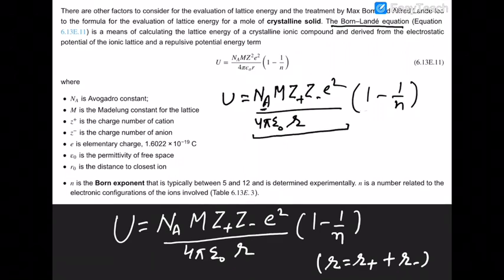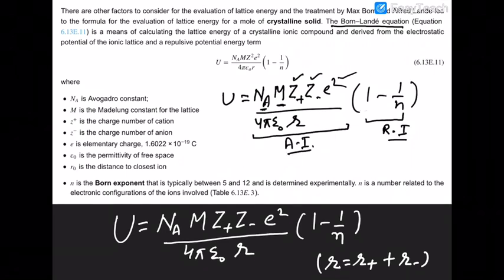Na is the Avogadro number, M is the Madelung constant, Z plus is the charge on the cation, Z minus is the charge on the anion, e square is the charge square, 4 pi epsilon naught is known as K, and this is repulsive. So this is the repulsive interaction, and these are attractive. AI stands for attractive interaction and RI stands for repulsive interaction.